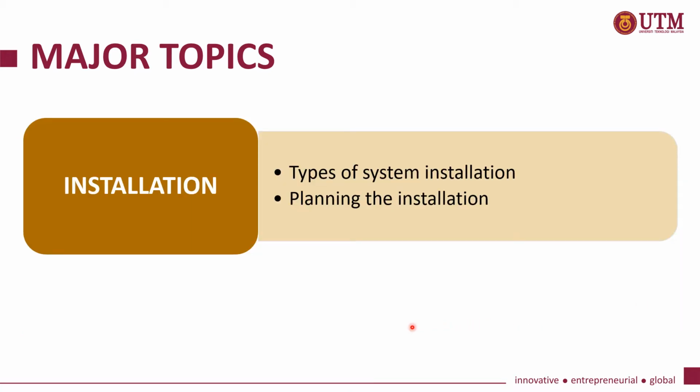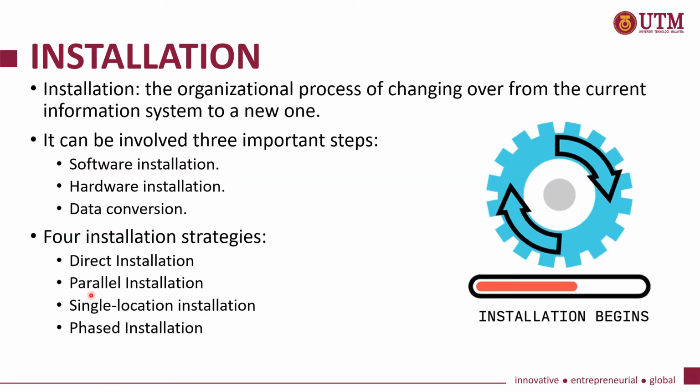So I will start with the first topic in this video, which is related to explaining the various types of system installation and also the considerations while planning the installation. The installation is defined as the organizational process of changing over from the current information system to a new one.